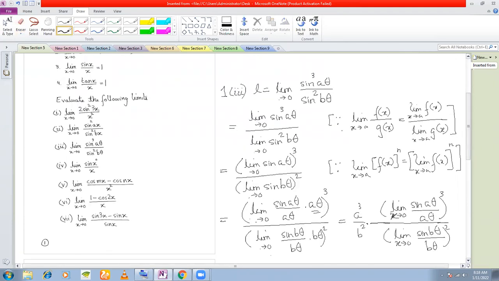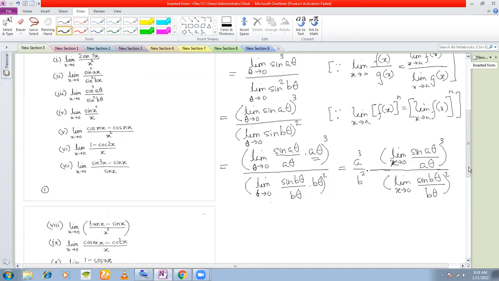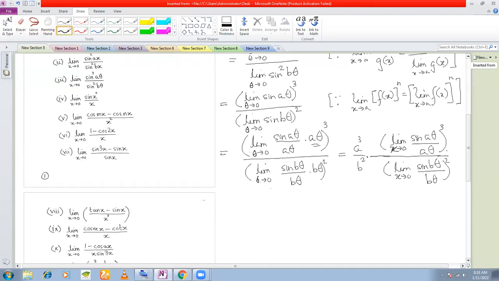Okay, let me just write theta tends to 0. So here we are now left with theta cube and here theta square. Is this step clear?